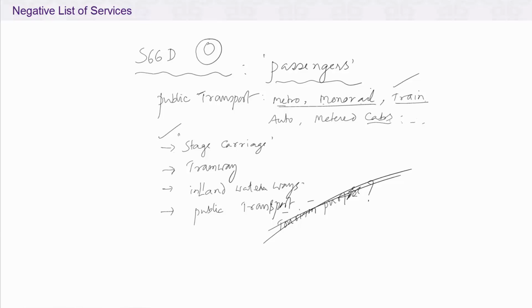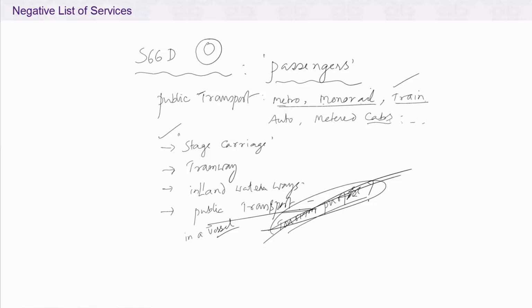Say public transport, even public transport in a vessel, in a ship, but it should be local. So anything for tourism purpose, whether it is by truck, by bus or vessel or whatever it is, that is covered. Service tax is payable on that.